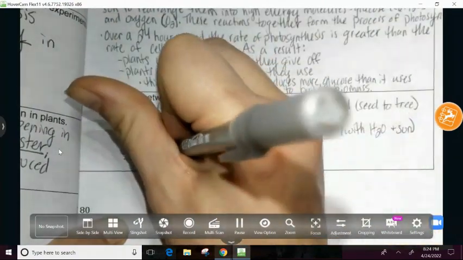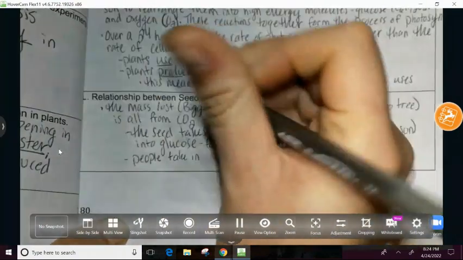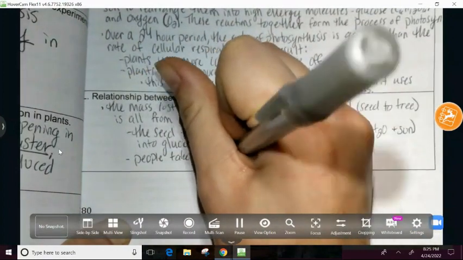Whereas people, or anything else really, take in oxygen and glucose.